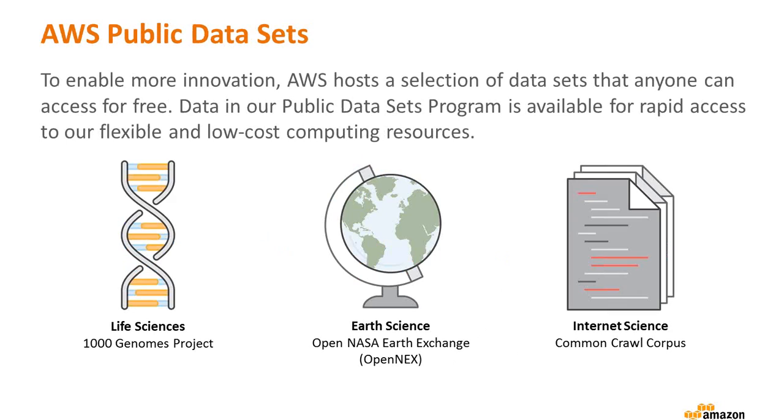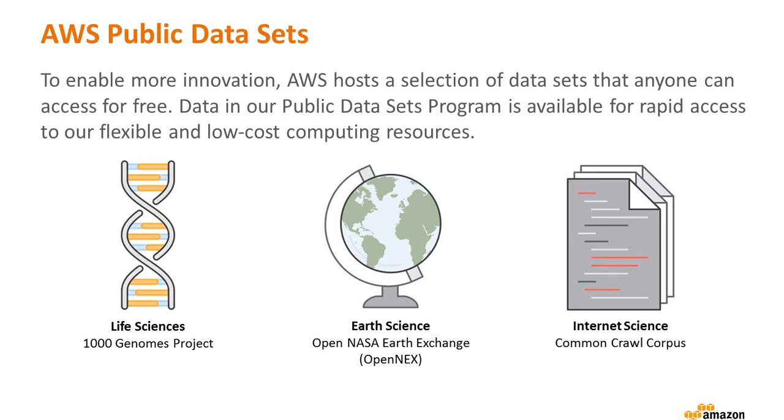So the last bit of background and context that I want to give is around our public data sets. Some of you may be familiar with the public data sets, and in case you're not, this is a selection of data sets that we make available for anyone to access for free on our platform.